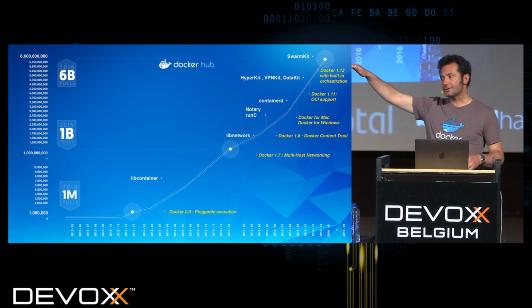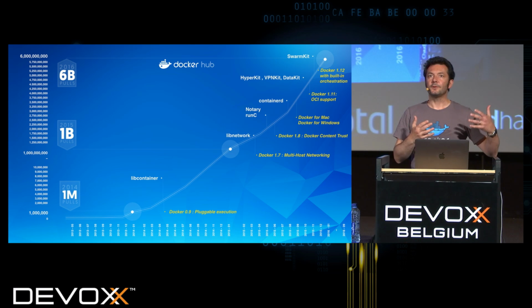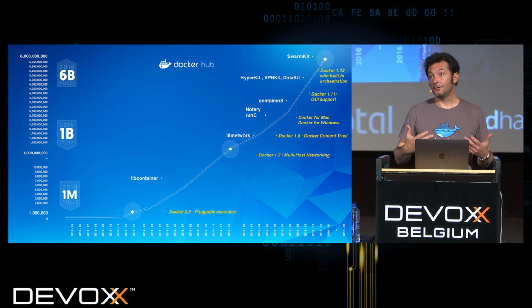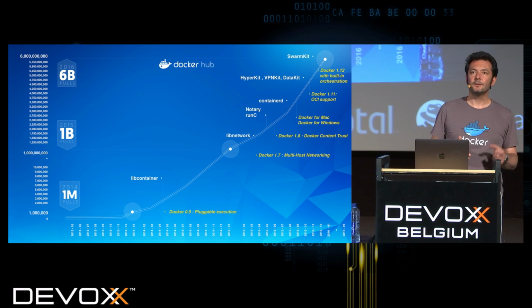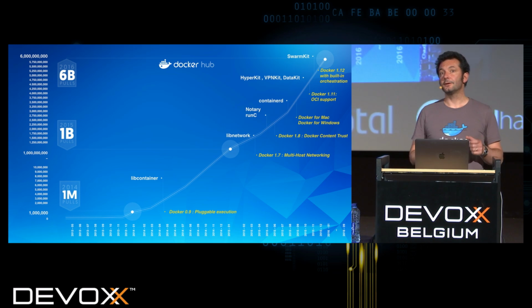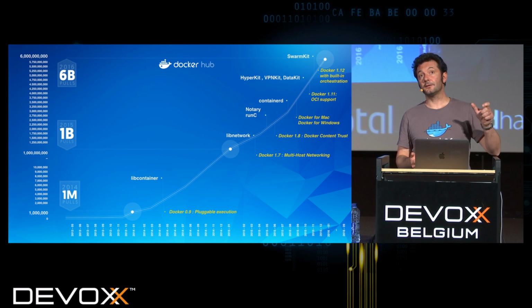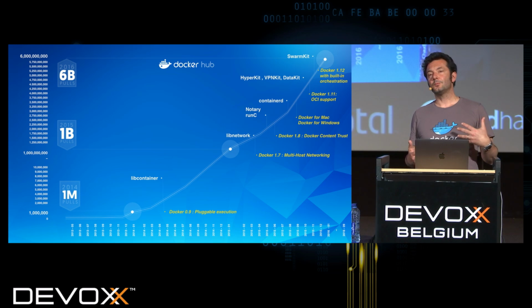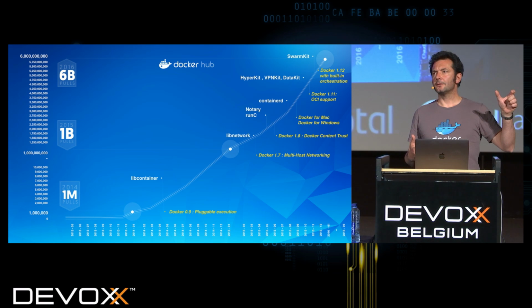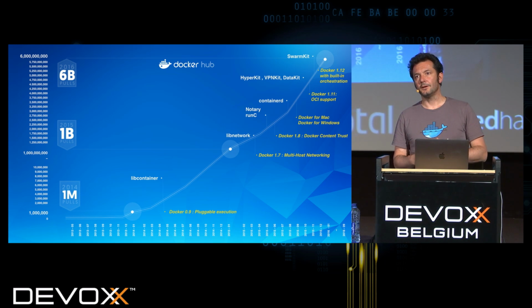And this graph just shows all the plumbing that we created out of the Docker project, out of the Docker platform along the way. Solomon Hykes, Docker founder, gave a very good talk at LinuxCon, I think the video is available, about open source at Docker. That was last month in Berlin.